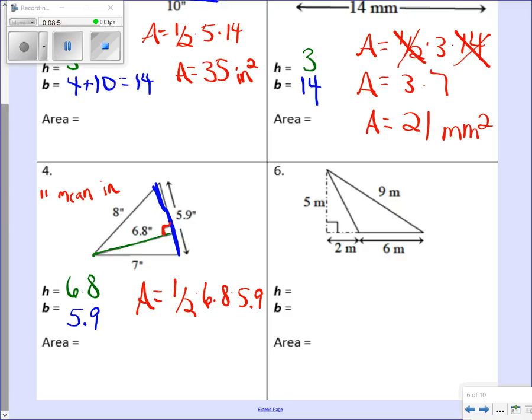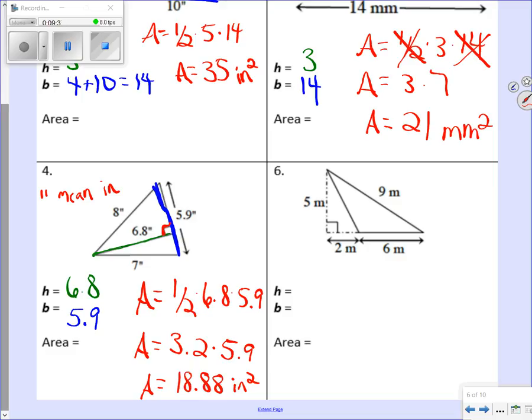Let's see. So area is going to equal 1/2 times 6.8, which is 3.4, times 5.9. Hopefully you got there. And then that number is definitely a number for your calculator. So go ahead, type in 3.4 times 5.9, or you could have typed in the whole formula and you'll get area equals 18.88 inches squared. Perfect.